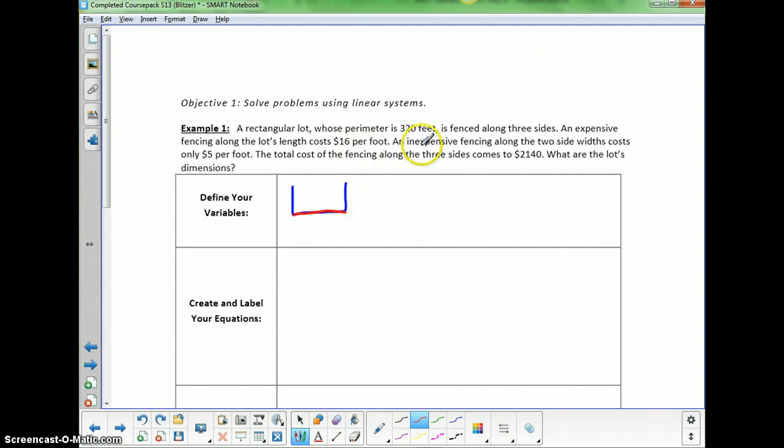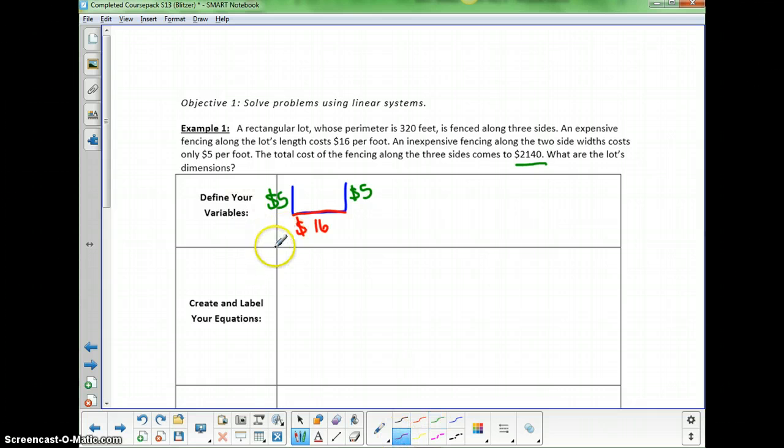And then an inexpensive fencing along the 2 sides. The expensive fencing costs $16 and the inexpensive fencing costs $5. The total cost of the fencing along the 3 sides comes to $2,140. What are the lot's dimensions?